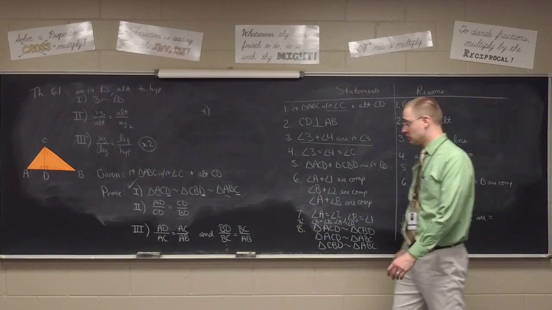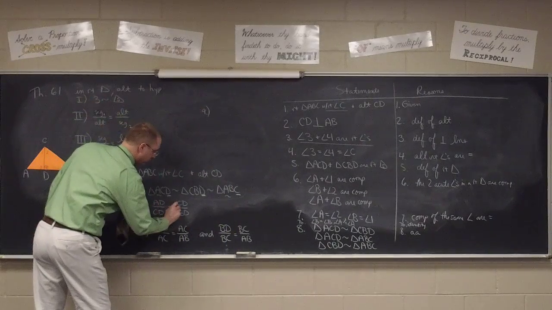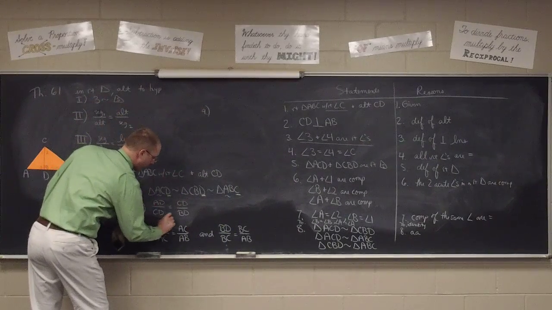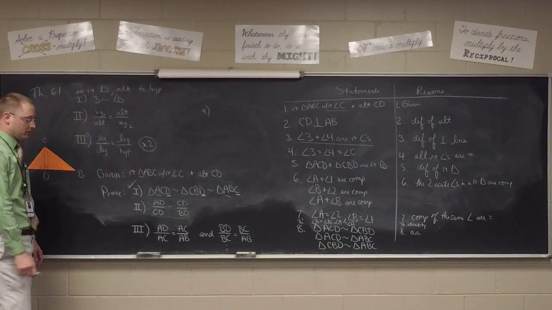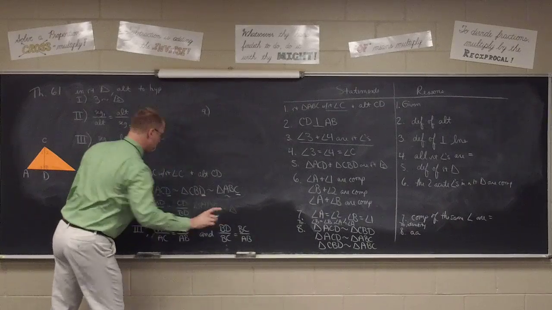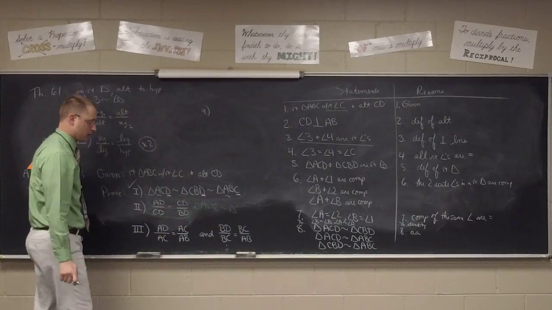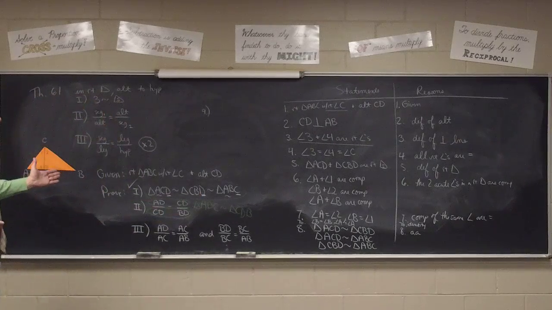Thoughts on how I could prove that that proportion is true, Jamie? Well, if we have similar triangles, are the sides already proportional? Okay, if we have similar triangles, sides would be proportional. What 2 triangles do we really need to be similar here, Jamie? ADC and CBD. ADC needs to be similar to CDB. Do we know that ADC and CDB are similar?